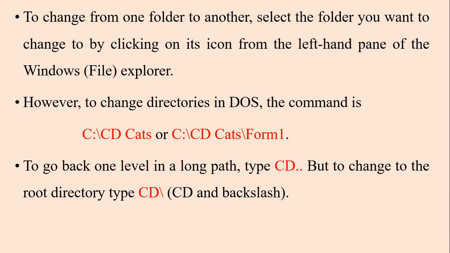To go back one level in a long path, in other words, if you're in a subdirectory and want to access the directory or subdirectory that contains the one you're working in, I repeat, if you are, for example, in a subdirectory called form1 and you want to go backwards and access the directory called cards in which form1 is based, then when you are in the current subdirectory like form1, you type cd ... This tells the operating system to move one step backwards in the path that you are currently in.